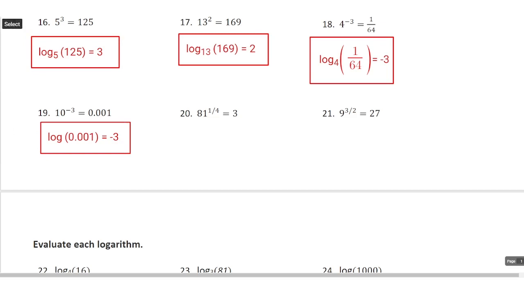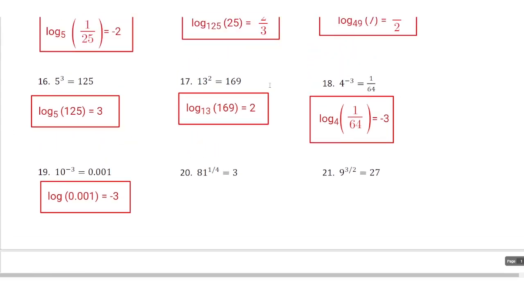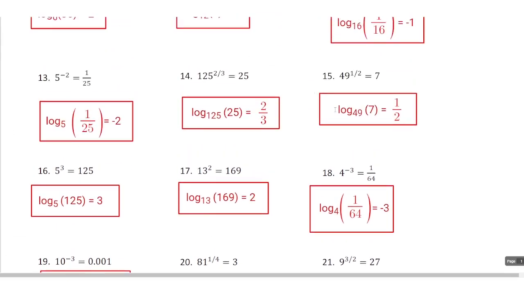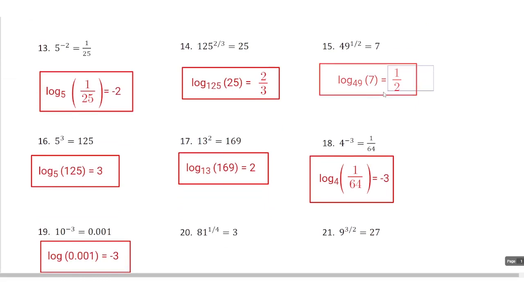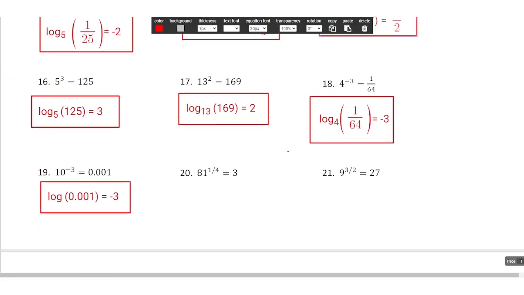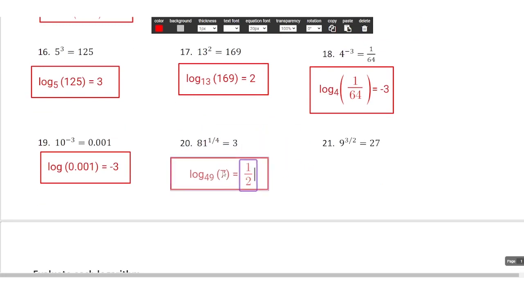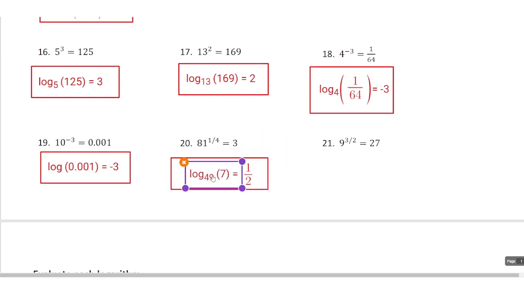For number 20, we're going to have 81 to the 1/4 power equals 3. So 1/4, that's going to be our exponent here. So this is going to be kind of like what we have over here in 15. Just looking for a similar style answer here so I don't have to retype everything. My base is 81. My power is 3, and my exponent is 1/4.